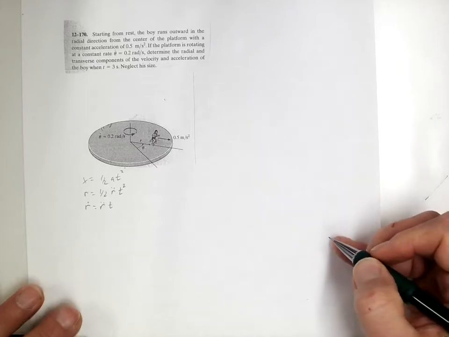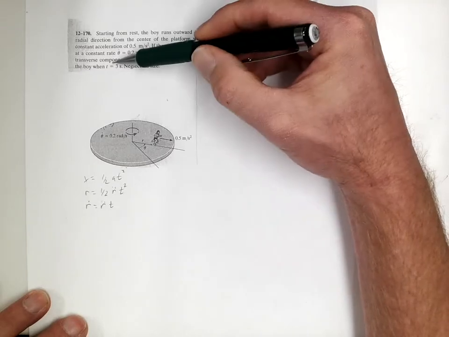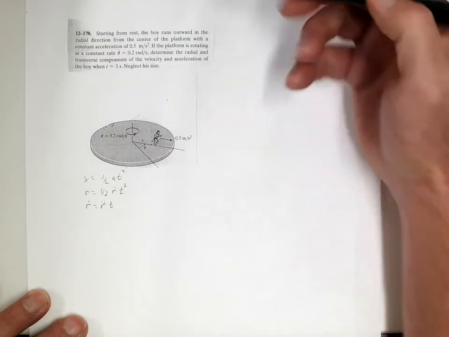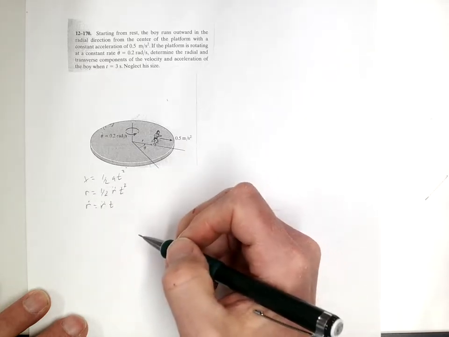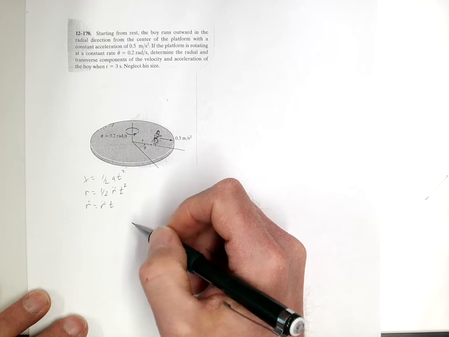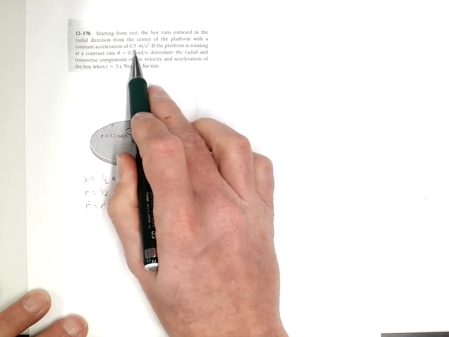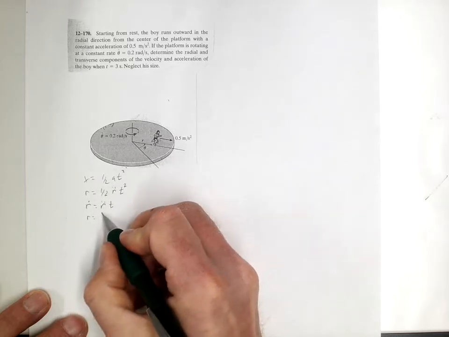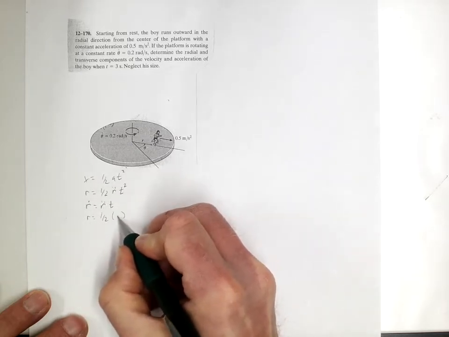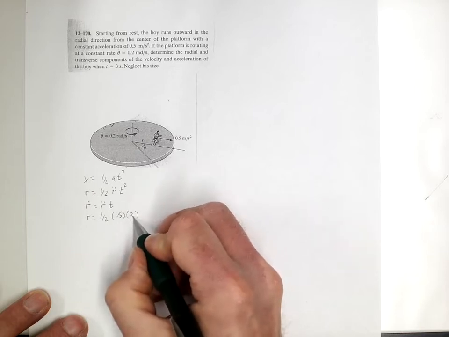And then this says at the time when t equals 3. So we can plug that into these two equations and have the solution for R dot and R double dot, because he's doing it with a constant acceleration of 0.5. So R is equal to 1/2 times 0.5 times 3 squared.